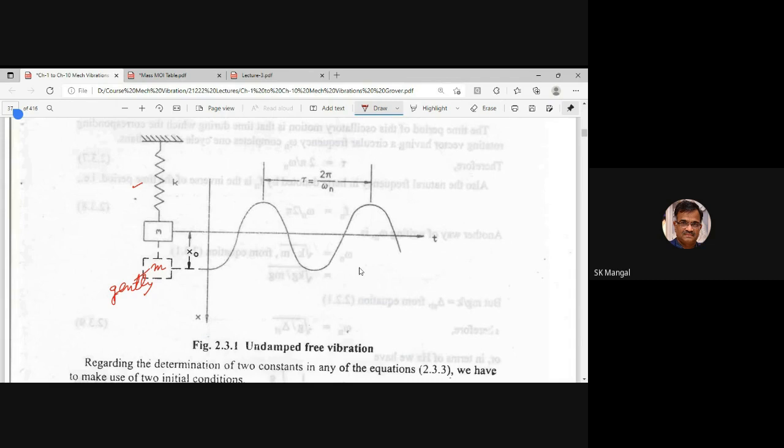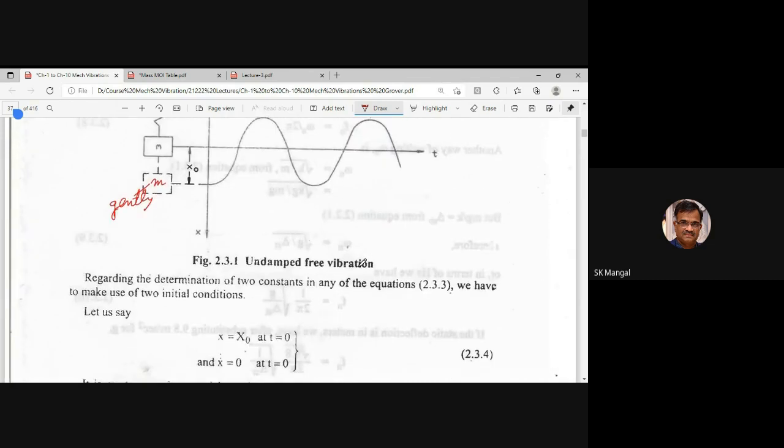So the initial conditions for this type of displacement are: at t is equal to 0, the displacement is x naught, and at t is equal to 0 you are leaving the mass gently, so the velocity is also equal to 0.